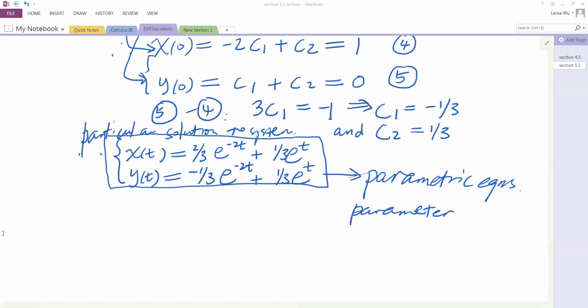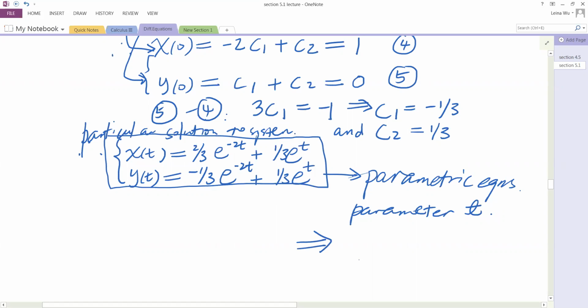Okay. So I was talking about how both x and y are expressed in terms of the variable t, but the curve we have here is actually y as a function of x. The reason is, if you recall from calculus 3, these two equations are parametric equations. The parameter here is t.